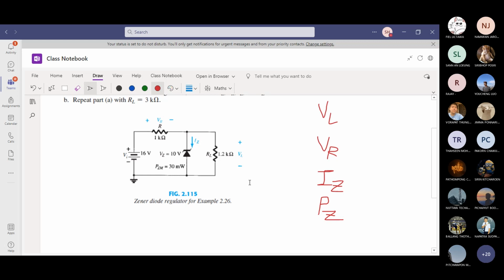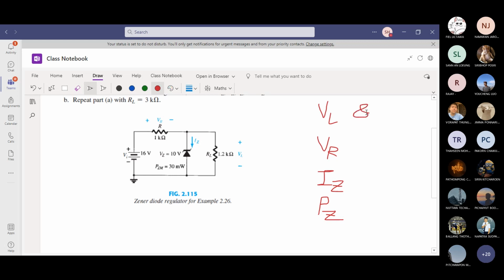Or you can tell me the VL equation. 8.73. It's already done in the book, maybe you're looking, but how do you find out? VI times RL divided by R plus RL. You take 16 multiplied by 1200 and then divide by 2200. It is 8.73 volts. VL is 8.73.